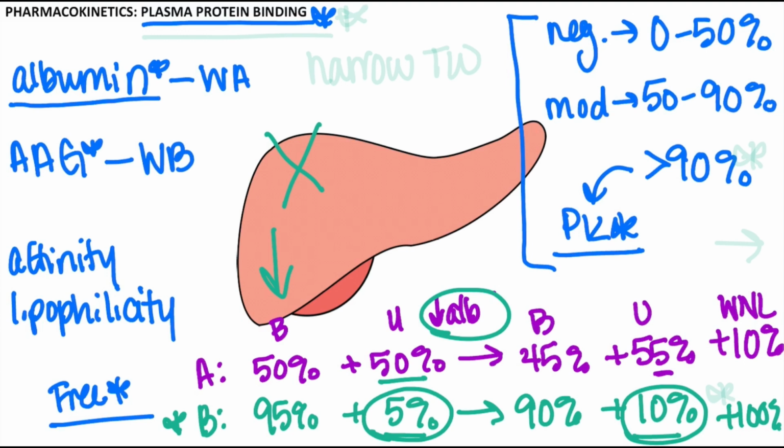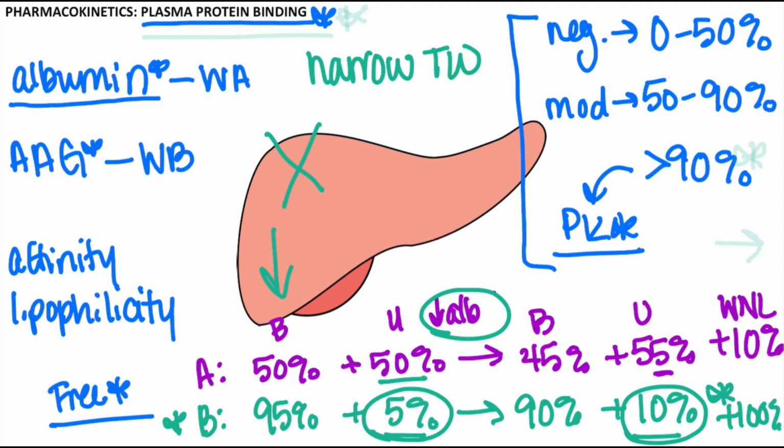And if this drug has a narrow therapeutic window, which I won't get too much into today, it basically means that the therapeutic concentration is not far off from the toxic concentration. So there's a very small window of concentrations where you can get therapeutic effects without toxic effects. And this doubling of free drug could be an issue for the patient.